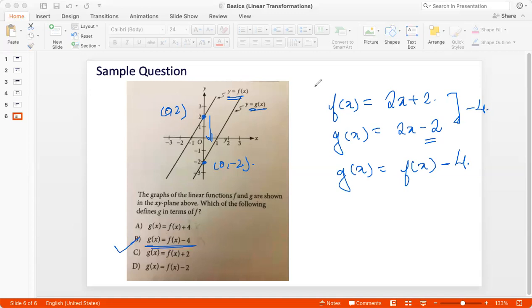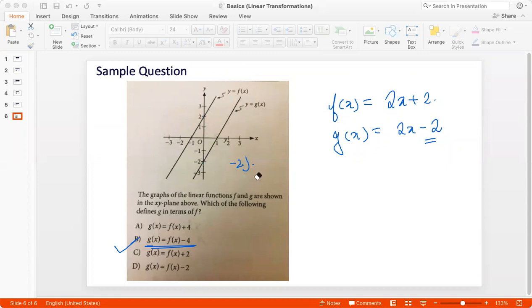What if I was looking at a horizontal transformation? So let's understand that. I already have the equations of f(x) and g(x), and I'll clean the figure as well. And now I'm looking at a horizontal transformation.